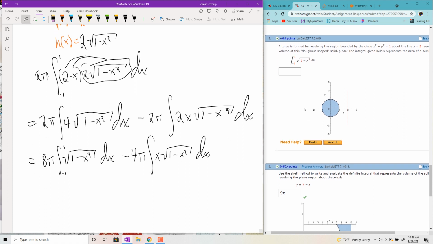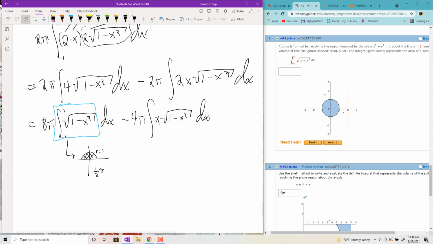They tell you that that integral represents the area underneath the semicircle that has radius equal to 1. So that area is just 1/2 the area of a circle with radius 1. It's 1/2 pi r squared, and r is 1, so it's just 1/2 pi. That thing in blue equals 1/2 pi.